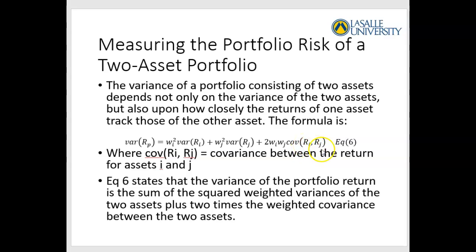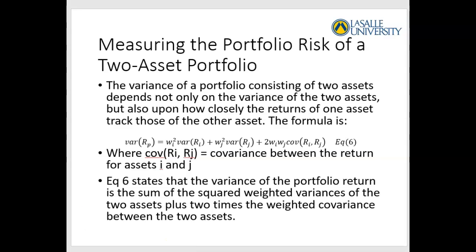If Ri increases, Rj will also increase. If Rj increases, Ri also increases. If the covariance is negative, it means that they move in opposite directions from each other, which means if Rj increases, Ri will go down, and if Ri increases, Rj will go down.